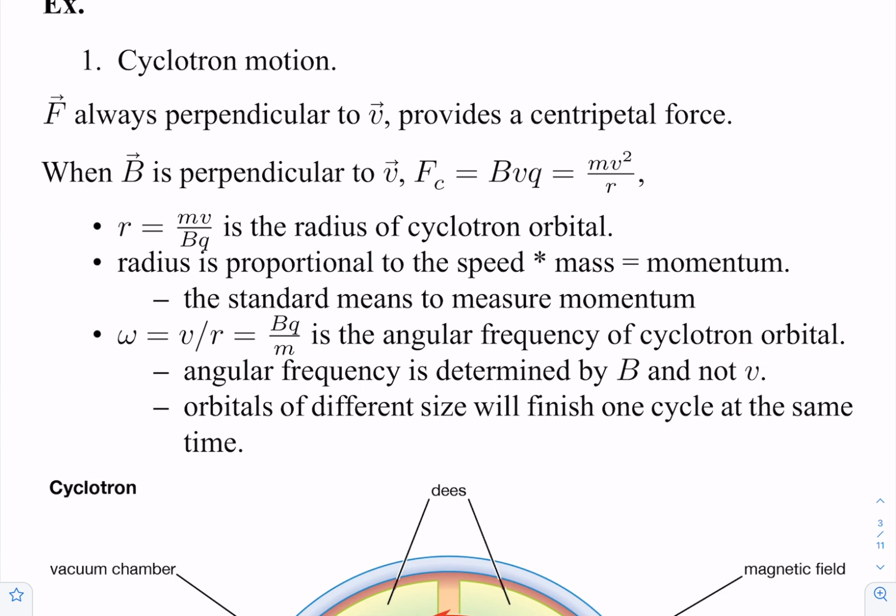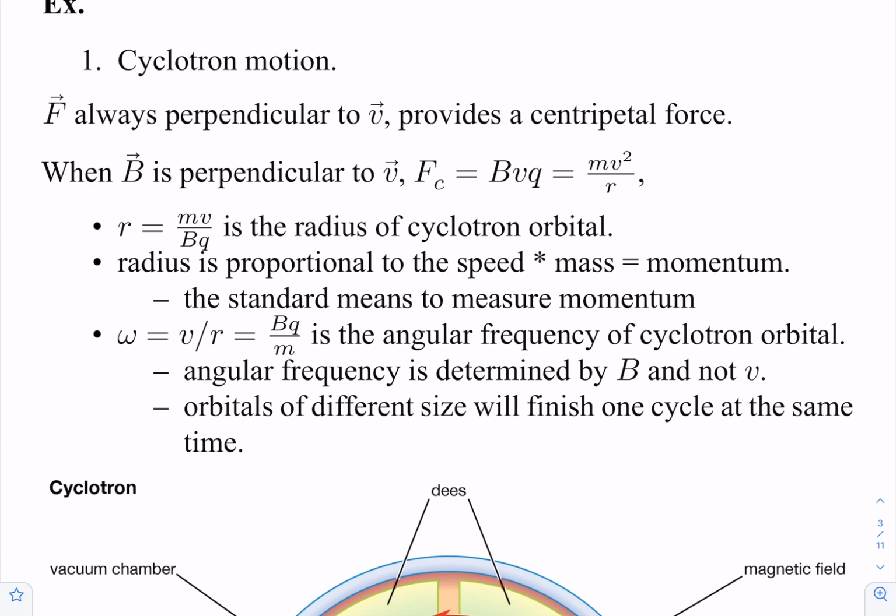So this centripetal force will make the particles form a circular trajectory. If the velocity of the particle is a constant, then this is simply the cyclotron orbit that I guess you are already very familiar with.